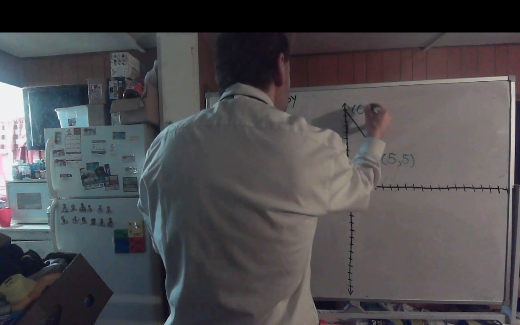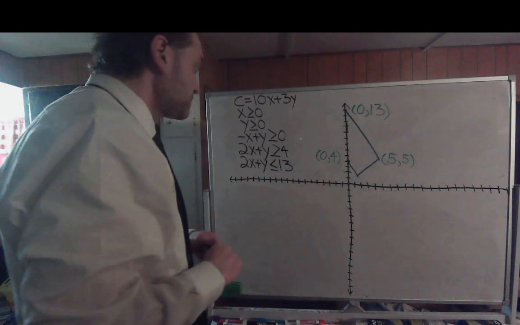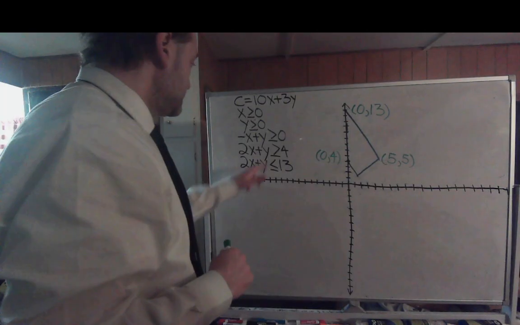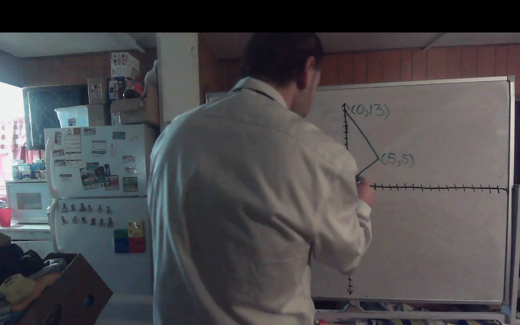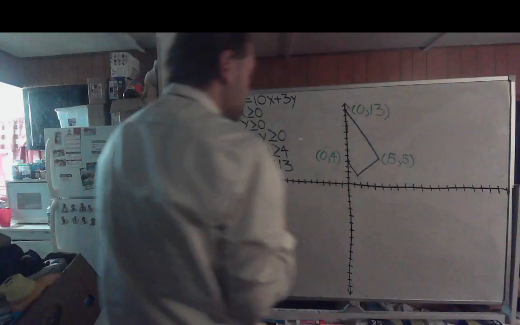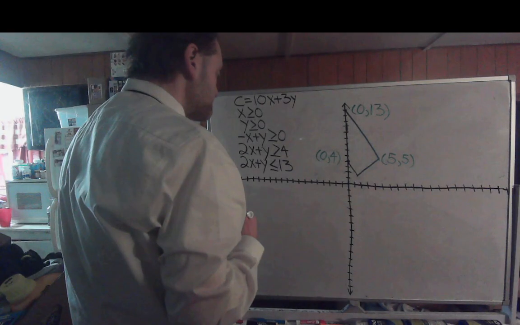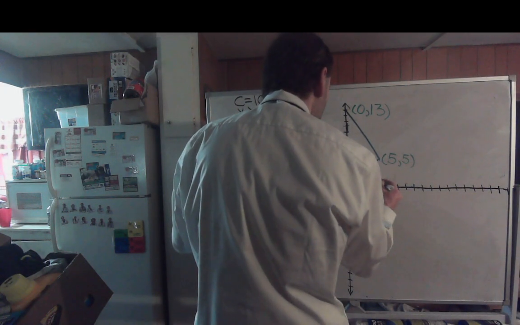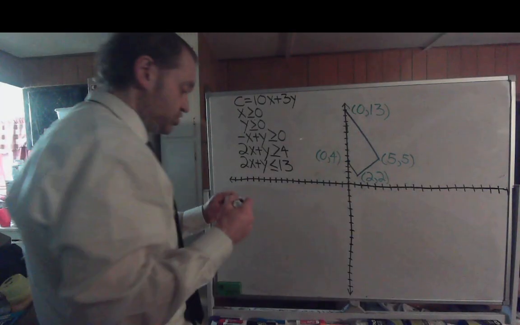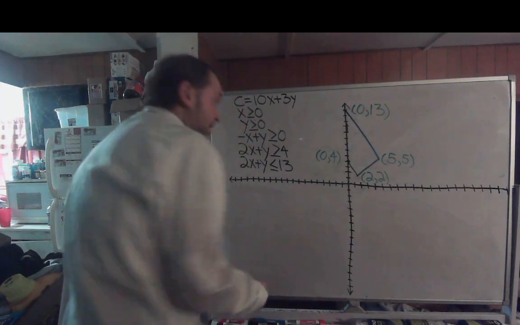That's 0, 13. And then you end up having this right here. That'd be about the point 2, 2. All right. I'm not the best at drawing, but there's your vertices. Now we got to figure out the region we're shading.